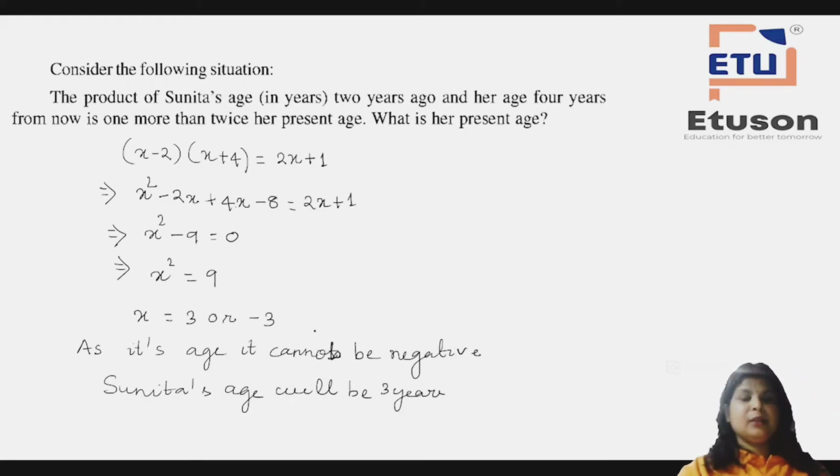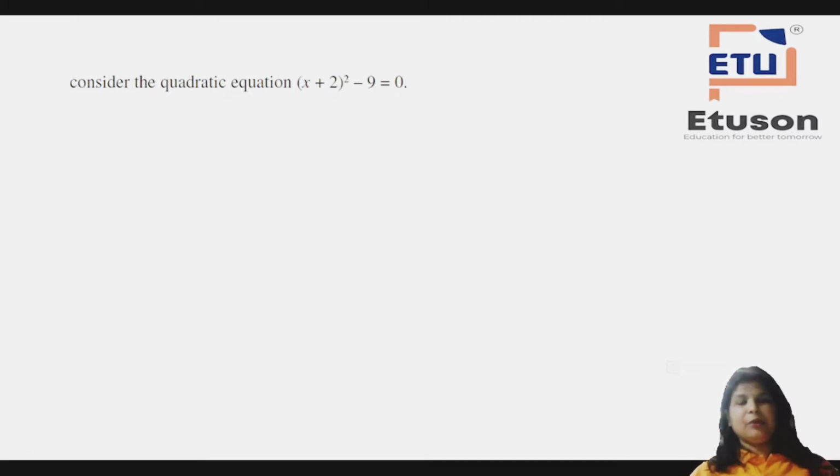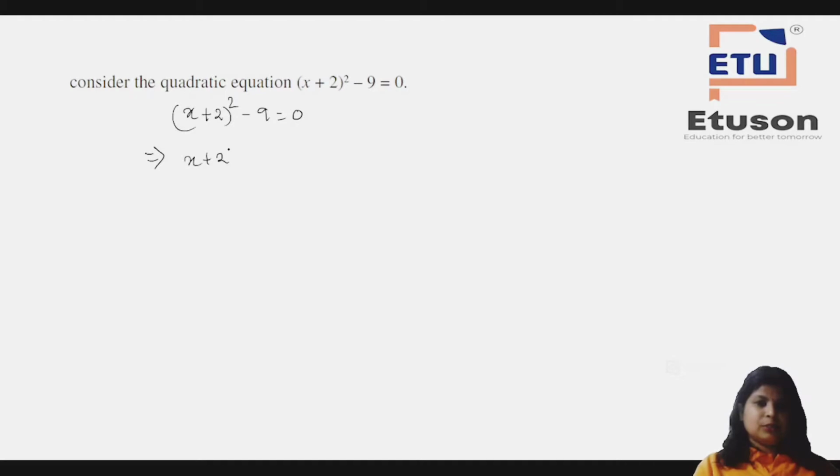Now let us go to another situation where you have to find the solution. Suppose you have x plus 2 whole square minus 9 equal to 0. What will be your approach? It implies x plus 2 whole square will be equal to 9, and it implies x plus 2 will be either equal to 3 or x plus 2 will be equal to minus 3.